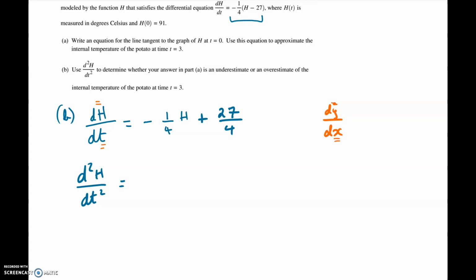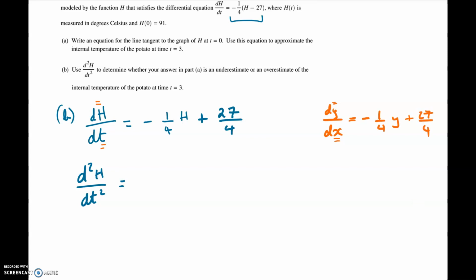The h and the y are in the same place, and the t and the x are in matching places. So let's say it was dy/dx. If it was that way around, y and h are the same, so it'd be negative 1/4 y plus 27 over 4.